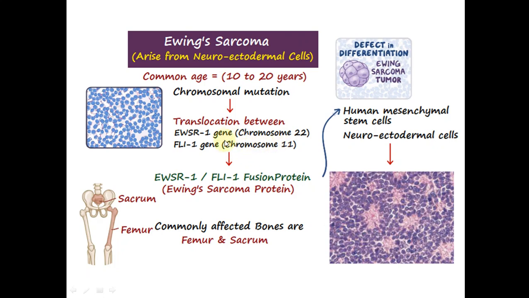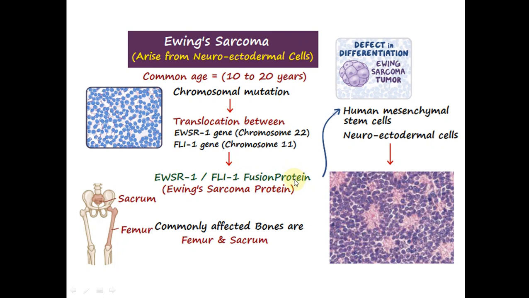And this genetic translocation occurs between the EWSR1 gene and FLI1 gene. So what happens is that when these genetic components are translocated in these chromosomes, they give rise to the formation of EWSR1-FLI1 fusion gene and fusion protein.